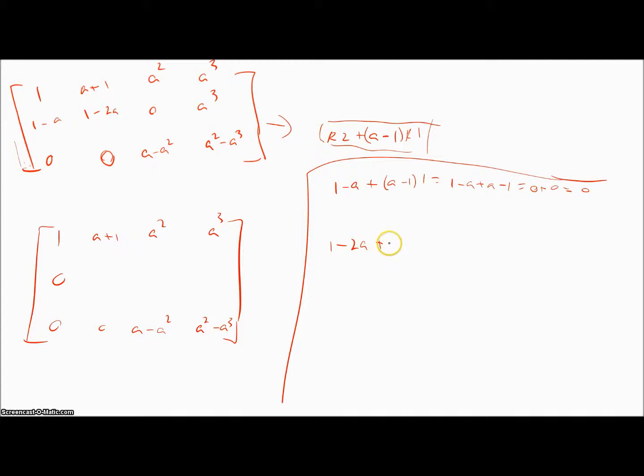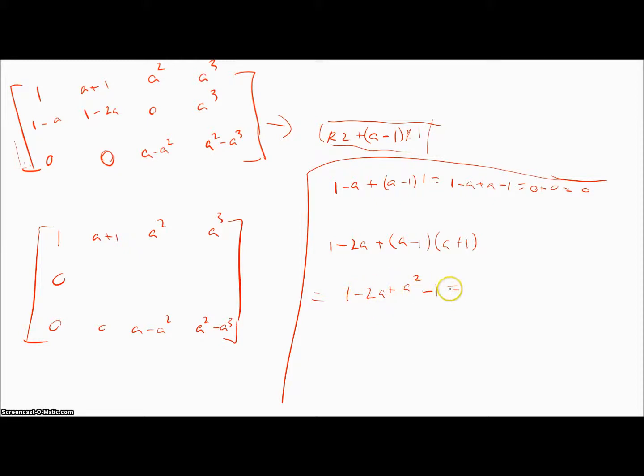So, again, 1 minus 2a plus a minus 1 times a plus 1. Now let's figure out what that is. It's a lot to do. I'm going to go through this quickly. Distribute, I get the negative. The middle term cancels out if I'm distributing, and then minus 1 would be my last term.